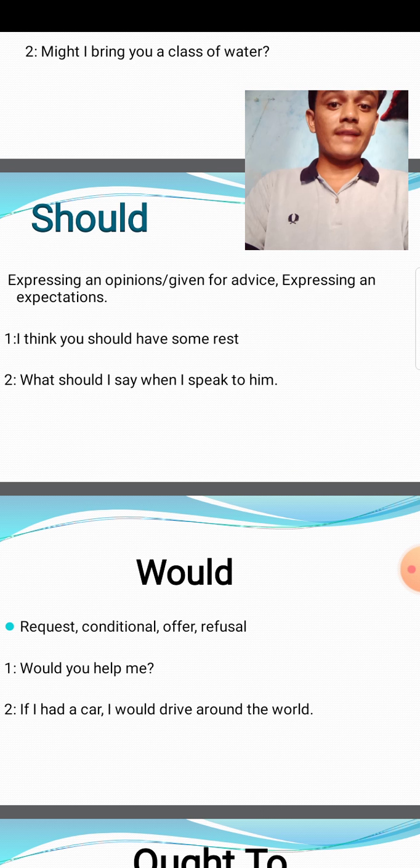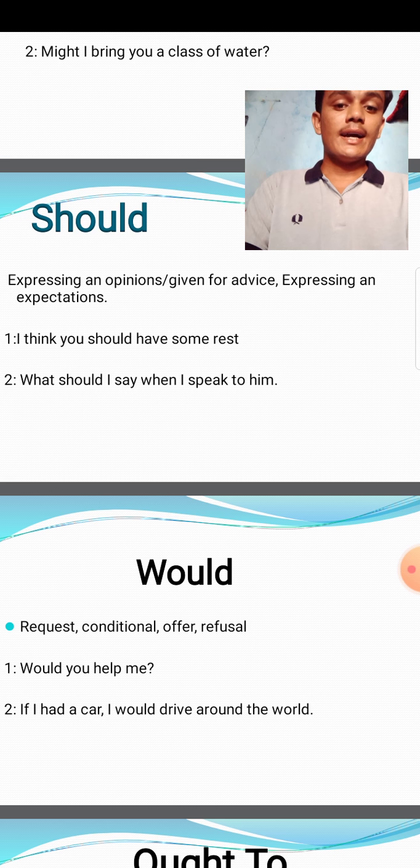This is expressing an opinion. Example 2: what should I say when I speak to him? This is expressing an expectation. This is should in modal verbs.